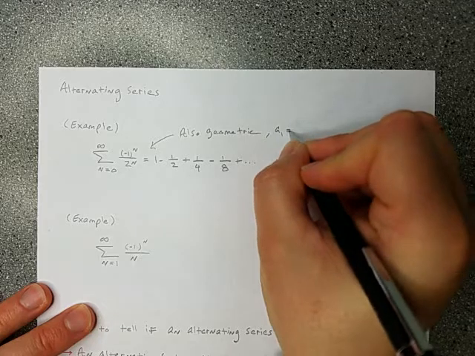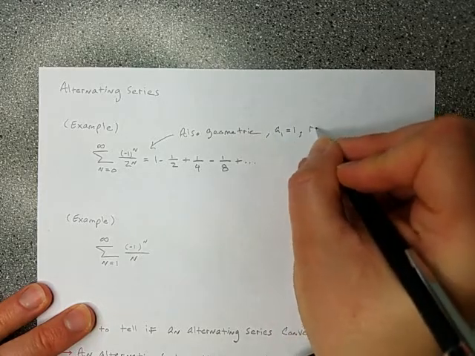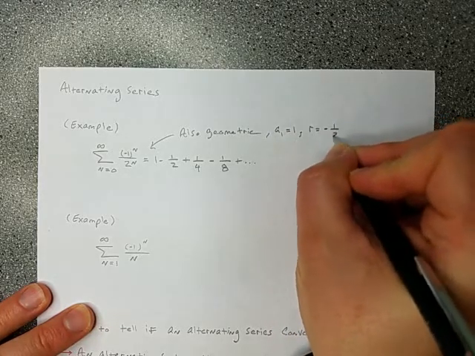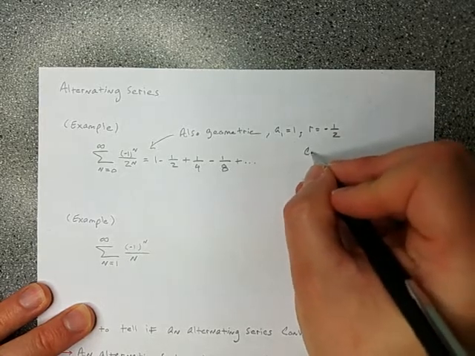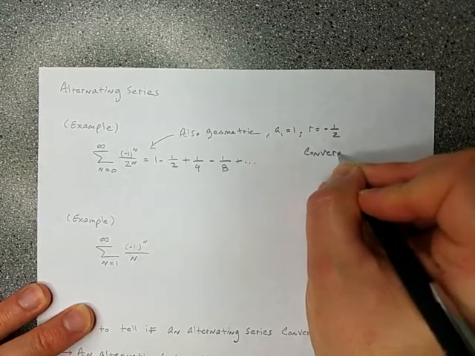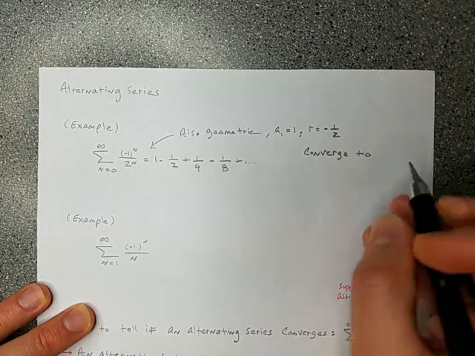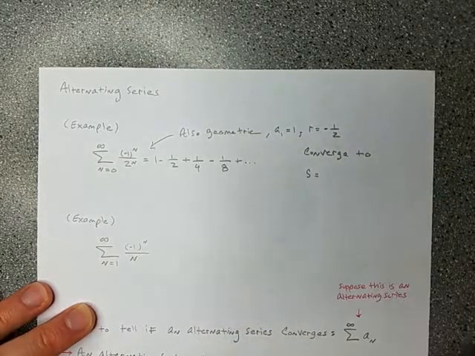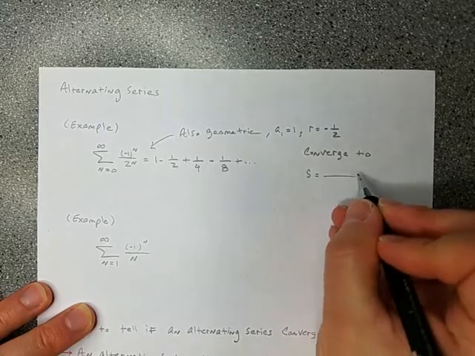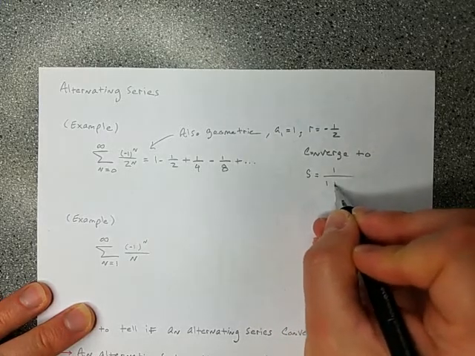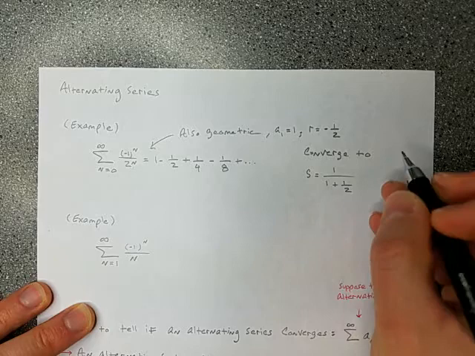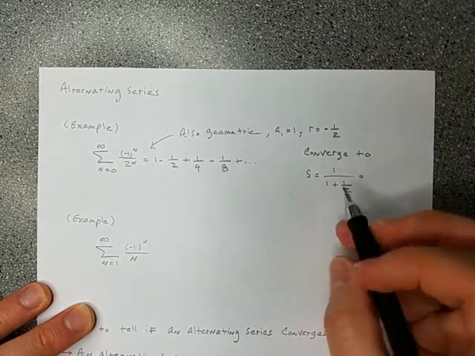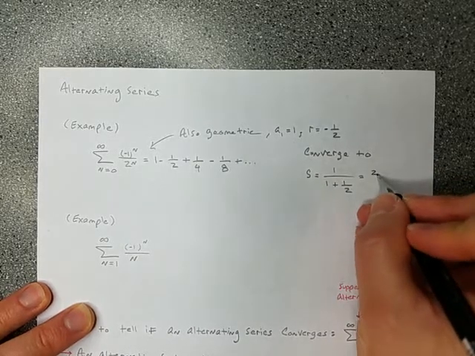The first term is 1, and r is -1/2, right? So it will converge to, what was that formula? We use the capital letter S to give the number that a series converges to. a1 over 1 minus r. So that's going to be 1 over 3/2, so that's going to be 2/3.